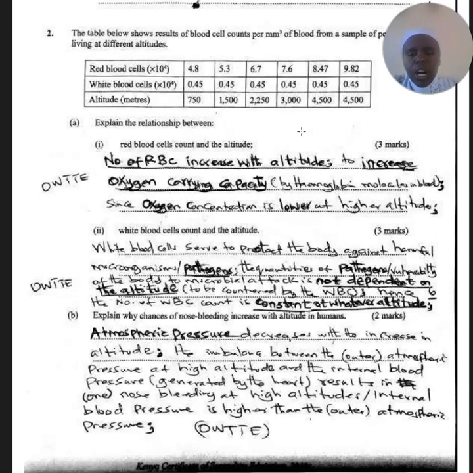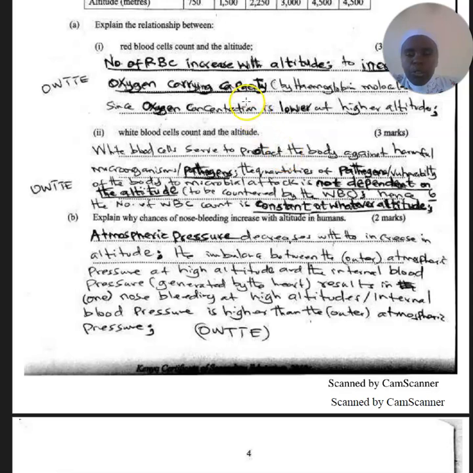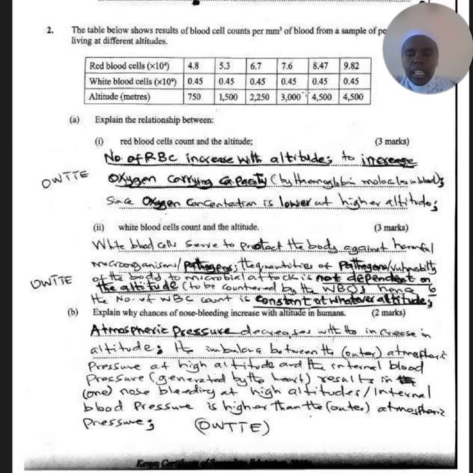And therefore, a person living in a high altitude area needs a lot of red blood cells to transport oxygen. So that is why the number of red blood cells increases with altitude, to increase the oxygen carrying capacity.